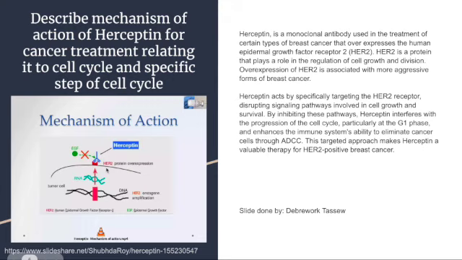Herceptin specifically binds to the extracellular domain of the HER2 receptor, leading to inhibition of signal pathways. By binding to HER2, Herceptin inhibits the signal pathways that promote cell growth and survival, and this intervenes with the signaling that helps to slow down or stop uncontrolled growth of cancer cells.